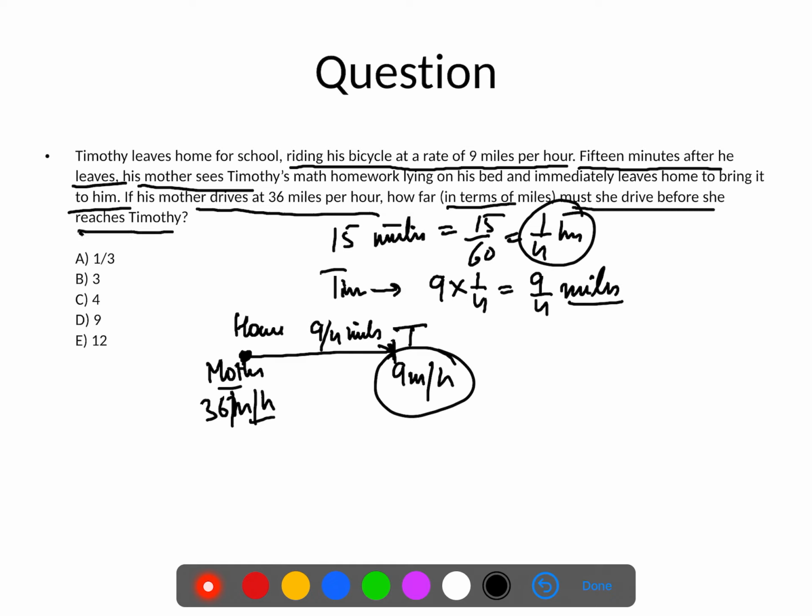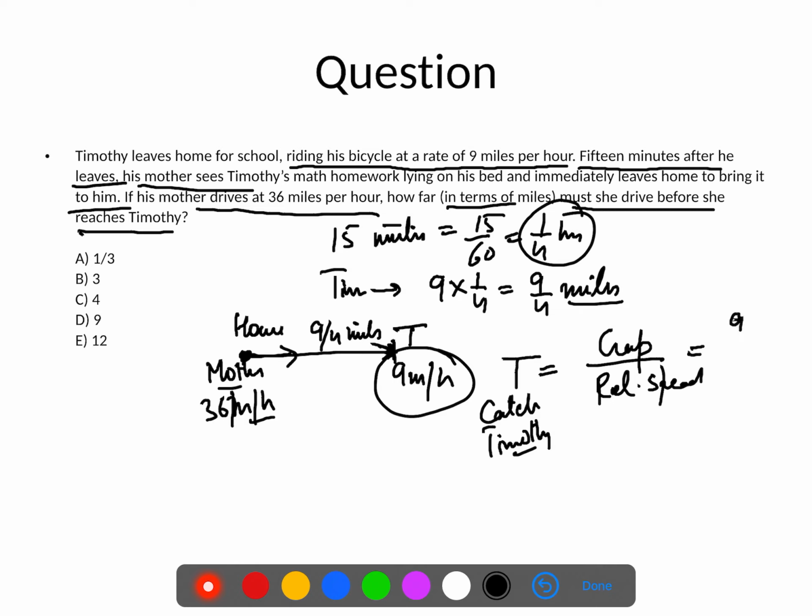So let's calculate for how long she needs to travel, how much time she'll take to meet Timothy. This is a similar situation, things moving in the same direction. So time taken to catch Timothy is what? Gap between the two upon relative speed.